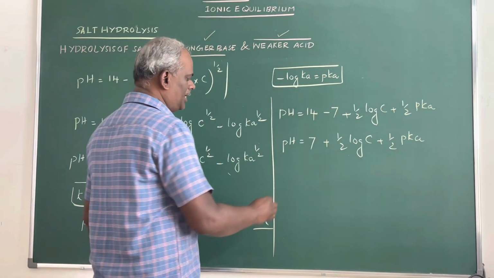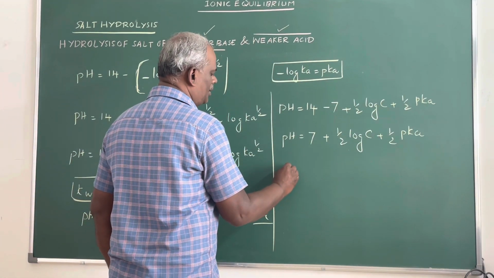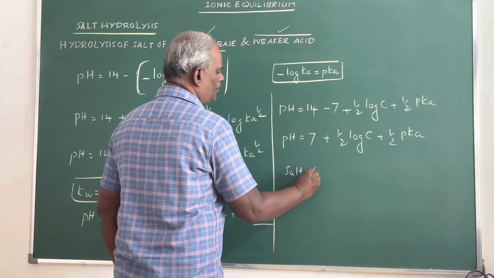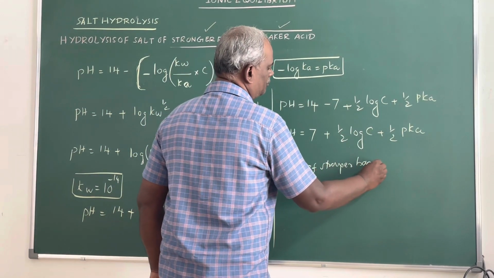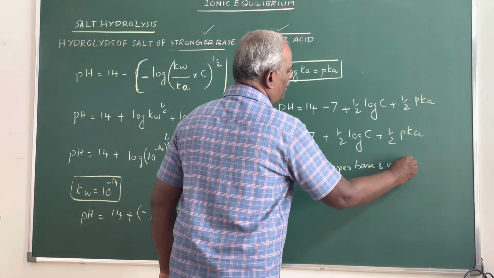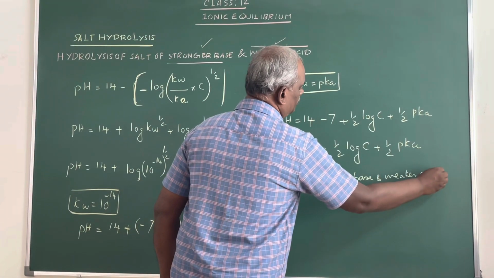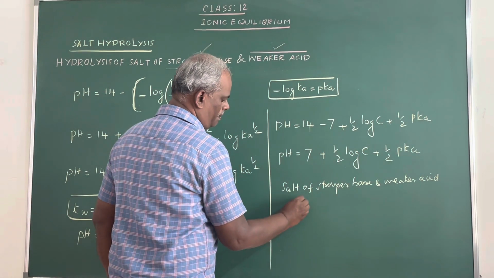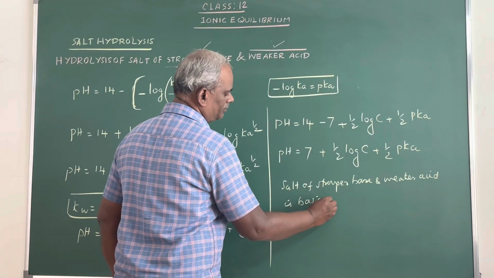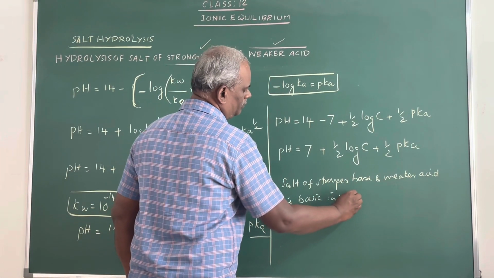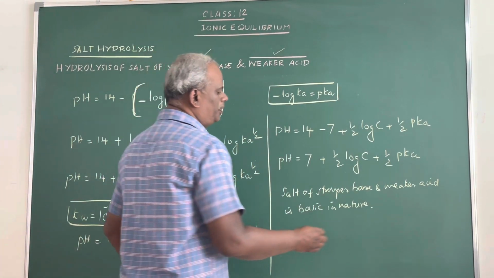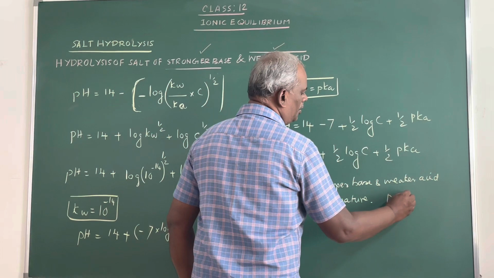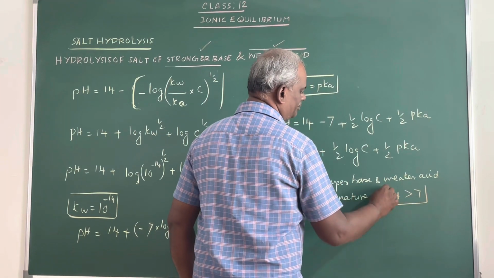And in the initial stages, you have noted that the salt of a stronger base and weaker acid is basic in nature. And moreover, its pH value is greater than 7.